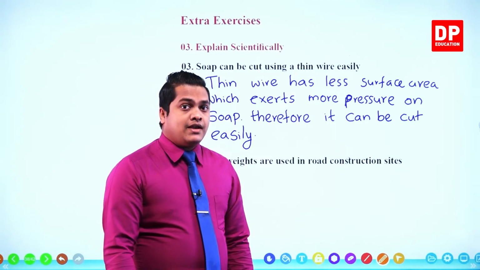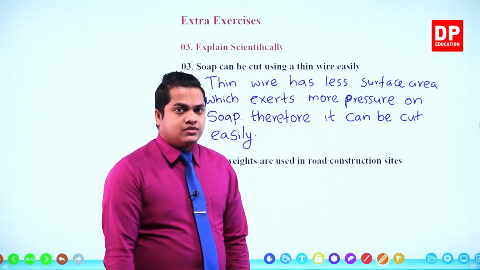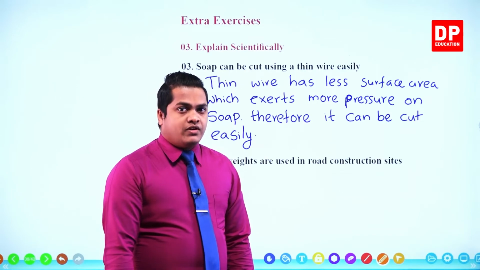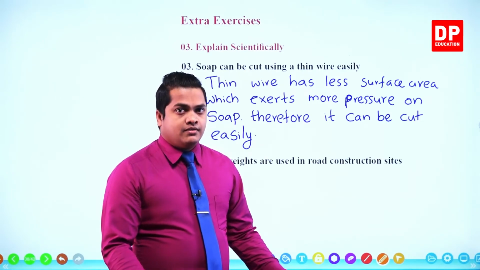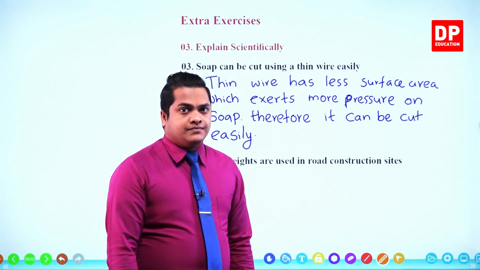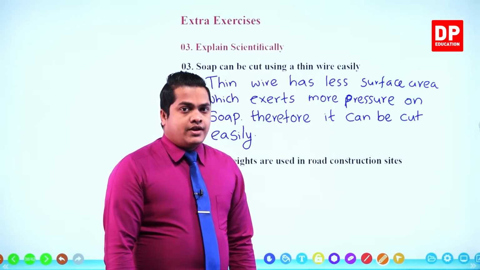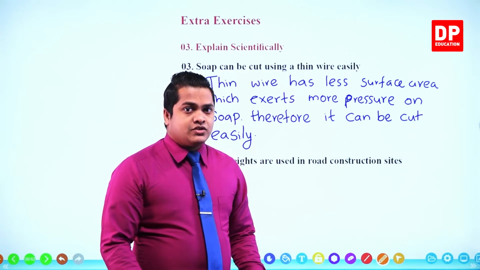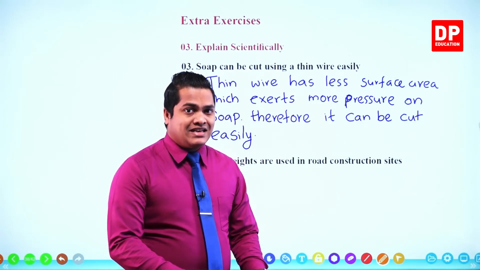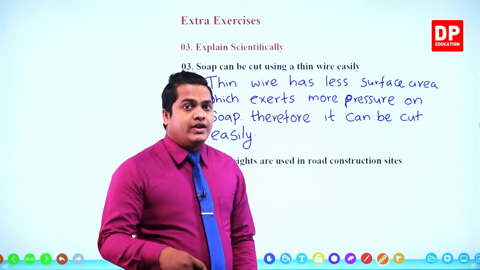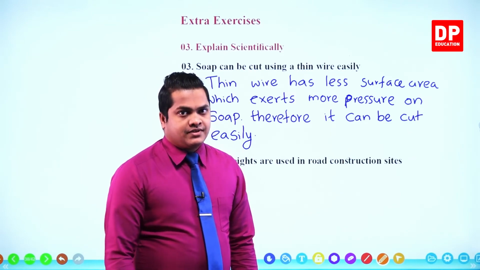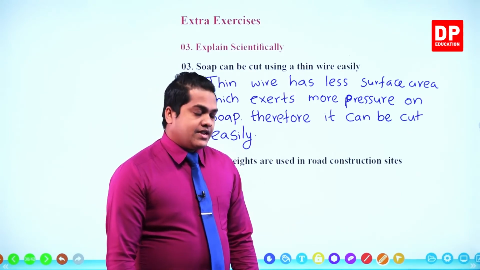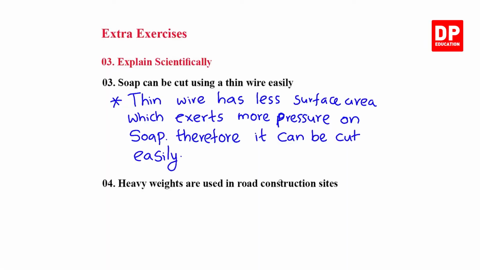But however, in order to avoid sinking, it has a broader roller. Heavy weights are used to increase the pressure so that the materials would press to the ground very easily. Okay. So we can write the answer.